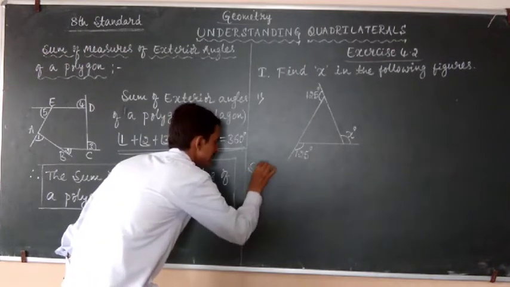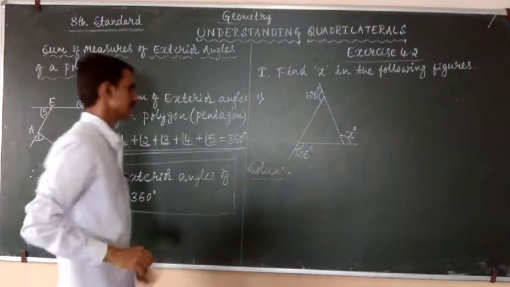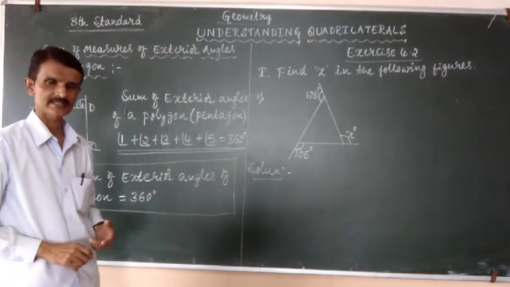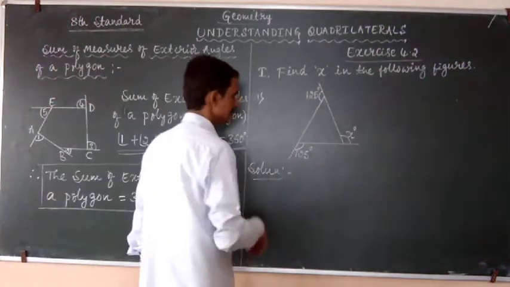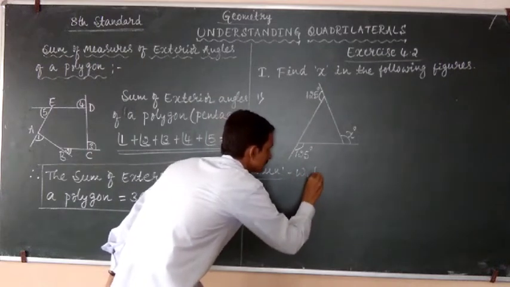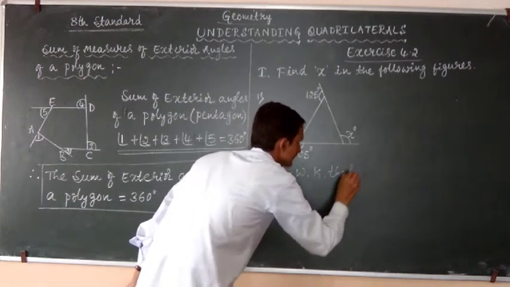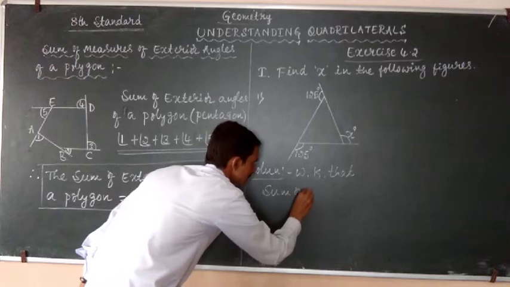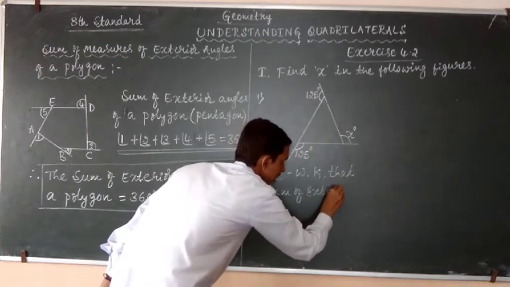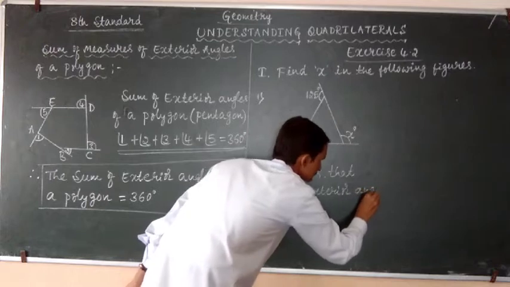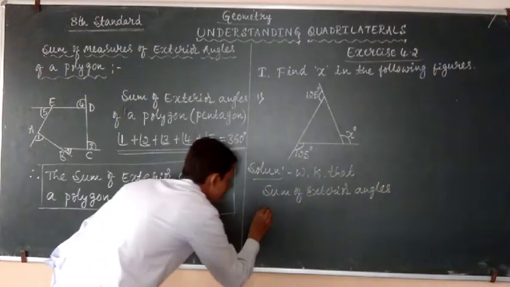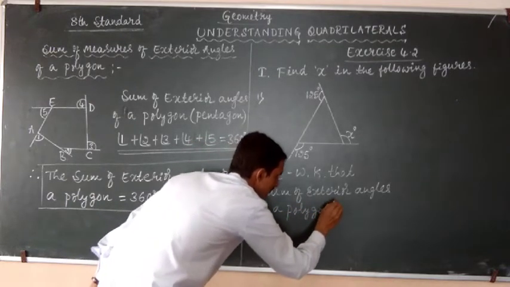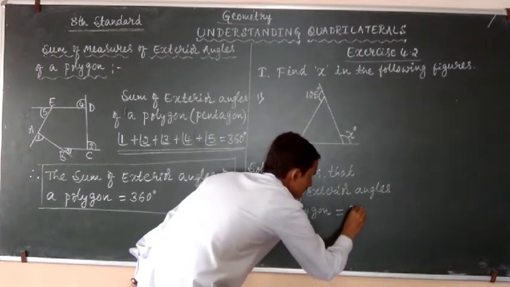We know that the sum of exterior angles of a polygon is equal to 360 degrees.